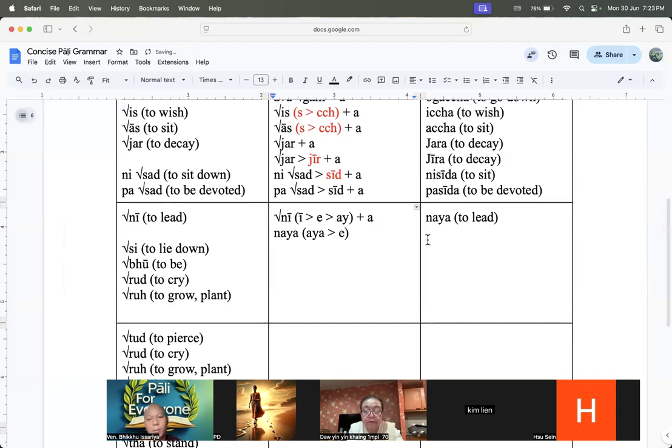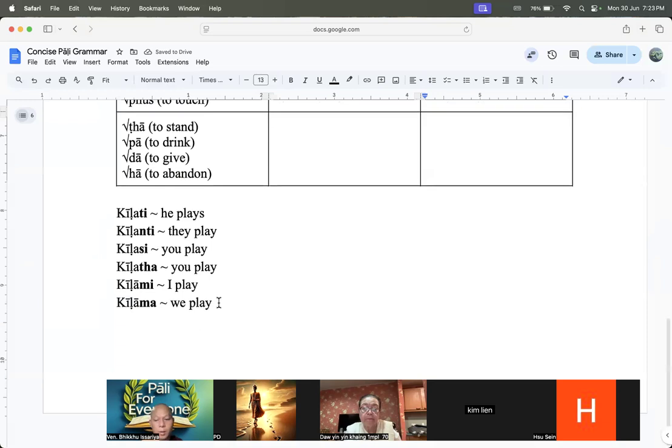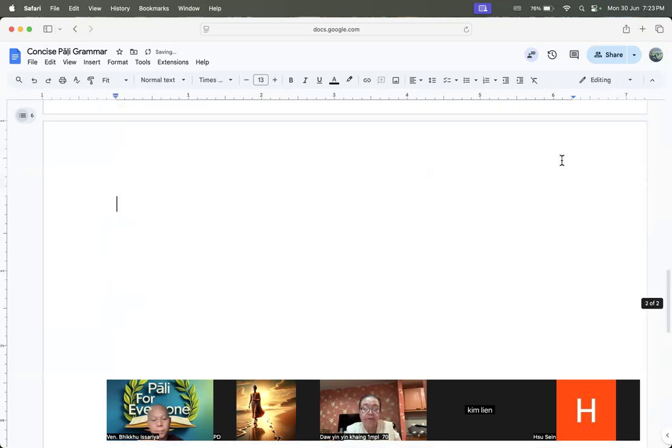So that is why we have ni also. For example, niyati, and then the other form is neti. So he leads, and then nayanti, and then nenti.